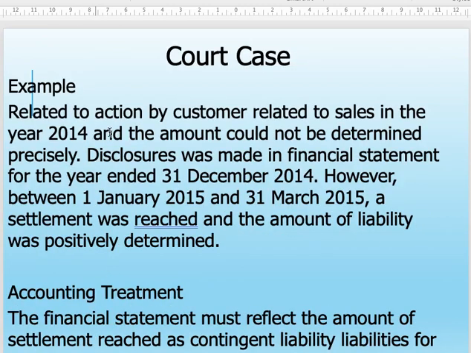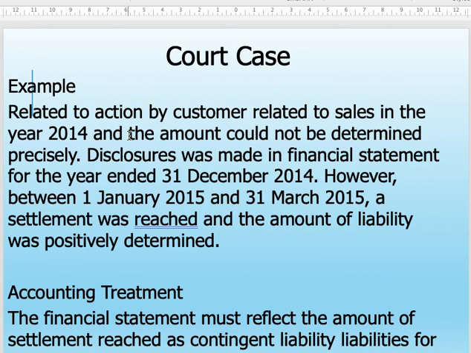Alright, now related to action by a customer for sales in year 2014, where the amount could not be determined precisely. So in 2014, when you prepared the accounts, you had been sued by your customer, but at that time the court could not identify how much the company should pay as compensation. So under MFRS 137, relating to provisions, when you cannot identify the amount reliably, then you should not show that in your financial statement.